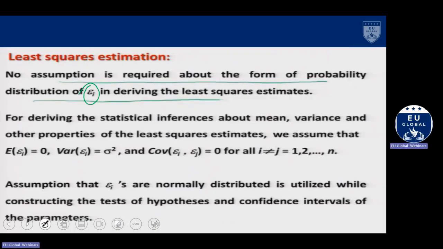For deriving statistical inference about the mean, variance and other properties of the least square estimate, we assume that the expected value of epsilon is equal to 0, the variance of epsilon is equal to sigma square, whereas the covariance of epsilon i and epsilon j is equal to 0. We also assume that epsilon is normally distributed, which is utilized while constructing the test of hypothesis and the confidence interval of the parameter.